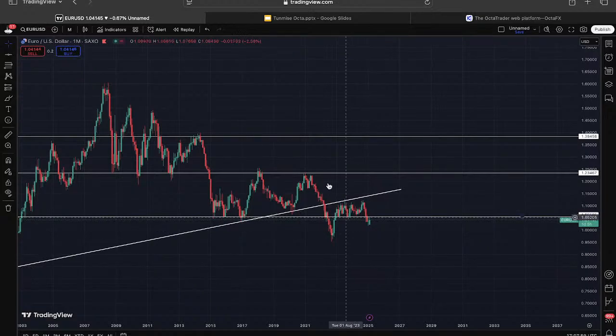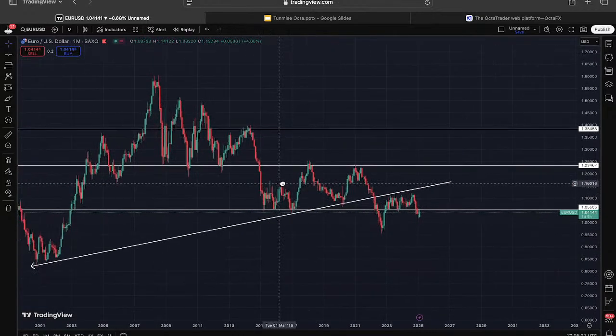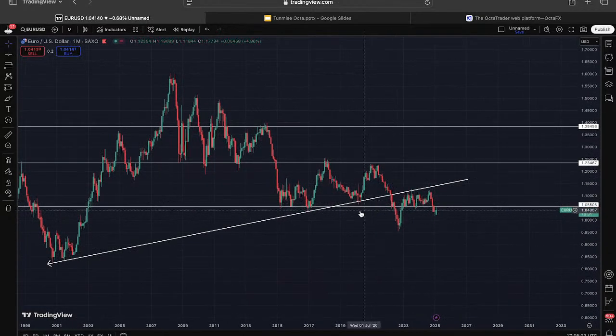All right, so here I'm looking at how price broke out from this trend line, outside this trend line, and now has been consolidating at this level.